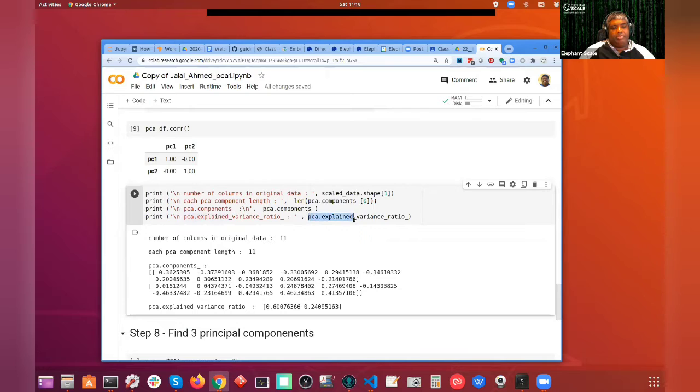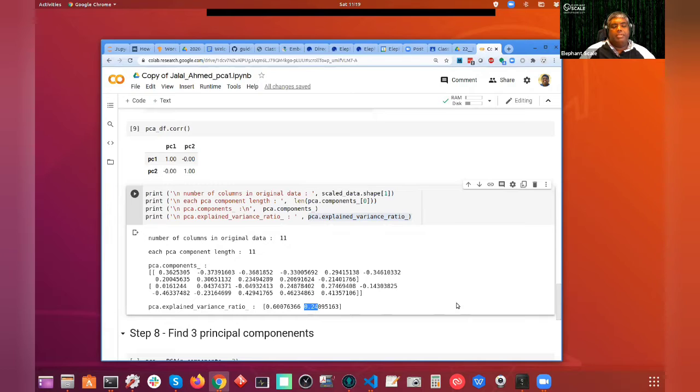And what is the ratio explaining? Each component captures some part of the data. The first principal component will always capture the most, here 60%. The second only captures 25%. If you create 3 PCAs, the next one will be even less, and so on.